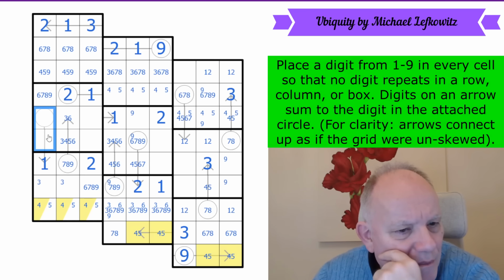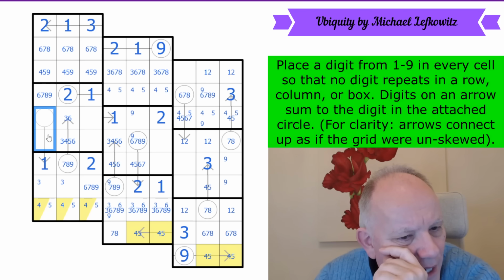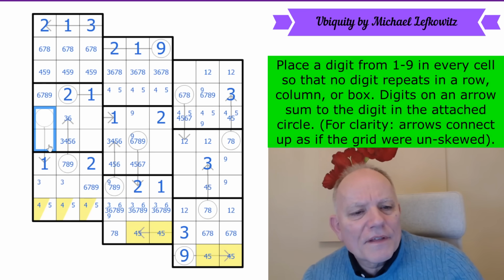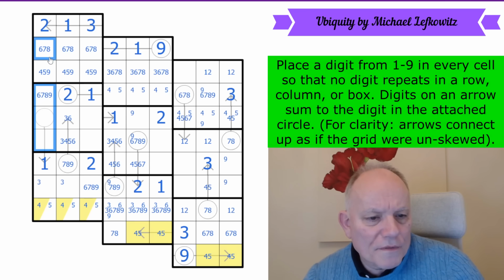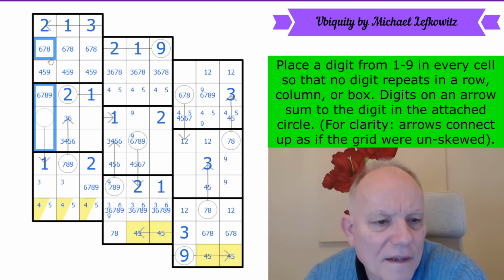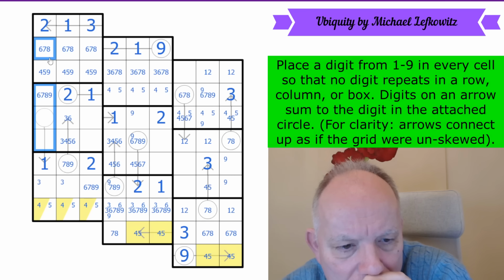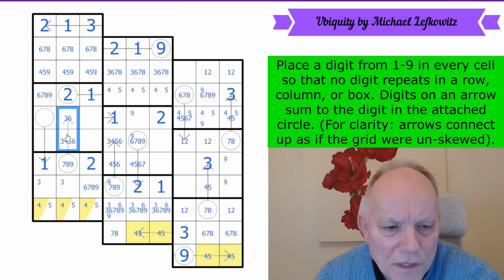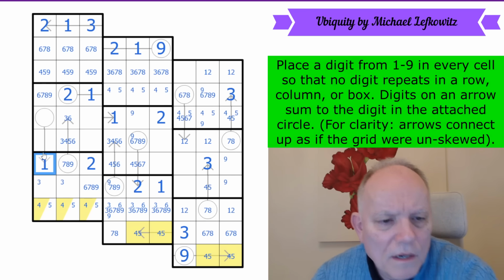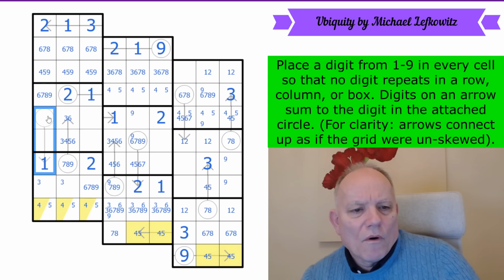Could these be from 7, 8, 9? Oh, it's quite interesting. If these were from 7, 8, 9, we'd have a quad of 6, 7, 8, 9. Oh, say 3 wasn't on this arrow. It would have to be on this arrow. So then this would go 1, 3, 4.